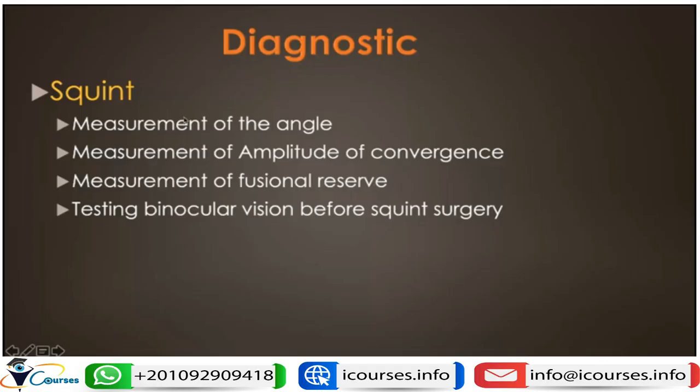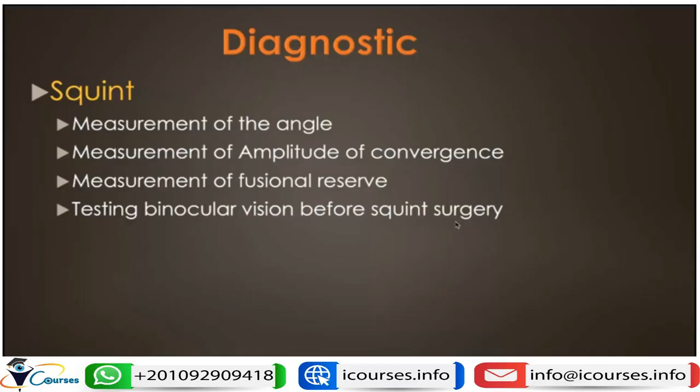I don't want to confuse you with too much irrelevant data, but the measurement of the angle we will see in a few slides. Testing of the binocular vision before the squint surgery means that if the patient will undergo squint surgery, by which we do muscle surgery and change the direction of the eyes, we can anticipate the effect of the surgery before the surgery.